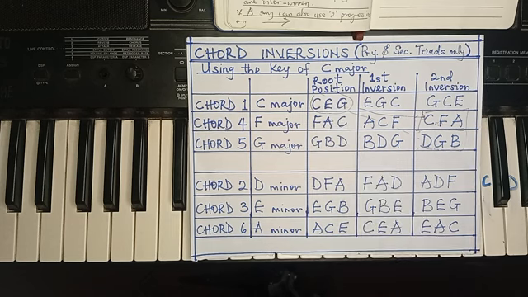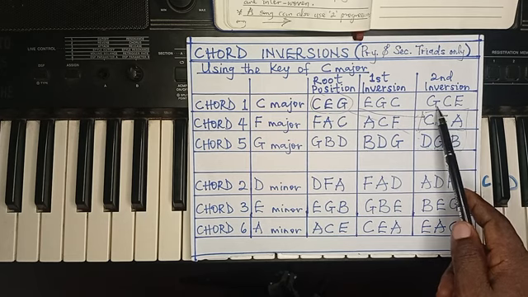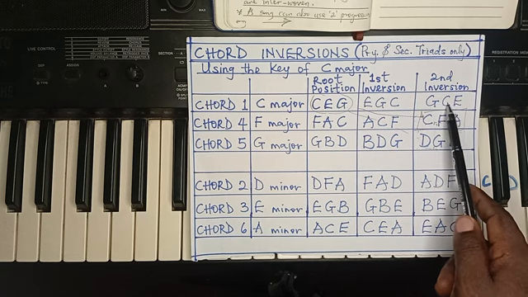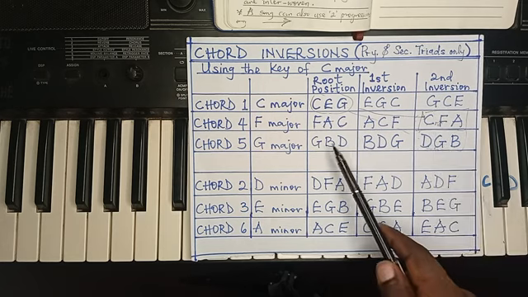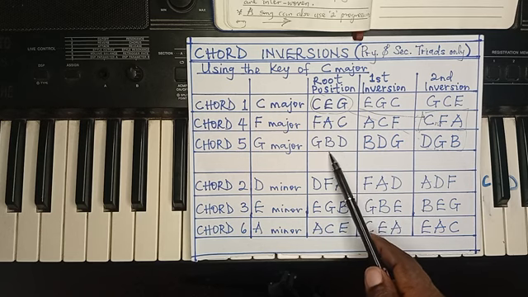Or if we decide to use second inversion of chord 1, G, C, E, G, C, E is also very close to root position of G major. Look at it.